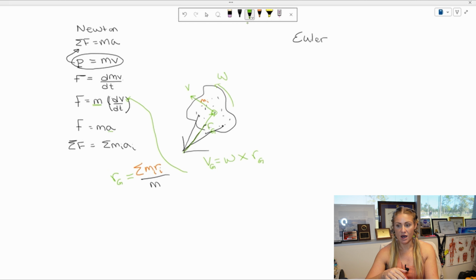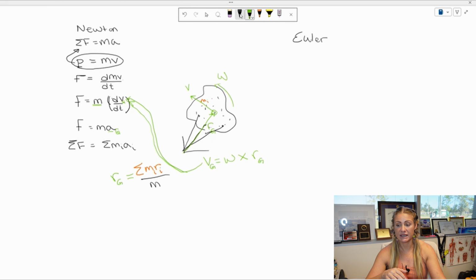So what I'm going to do is plug it in here. So this v is really v_G, okay? So if I take the derivative of v with respect to time, I'm going to get a, but really it's a of the center of mass, okay?